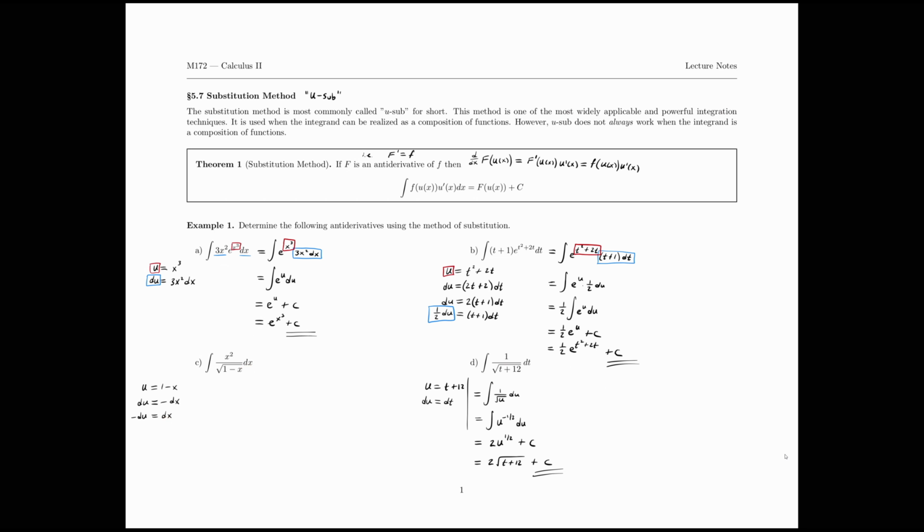So if we think about this, the inside here would become a u. This dx would become a negative du. But what to do with this x squared? Well, one thing we can do that we haven't yet done is we are able to manipulate this equation as well as this equation.